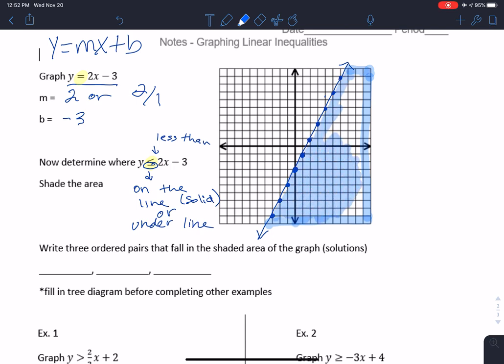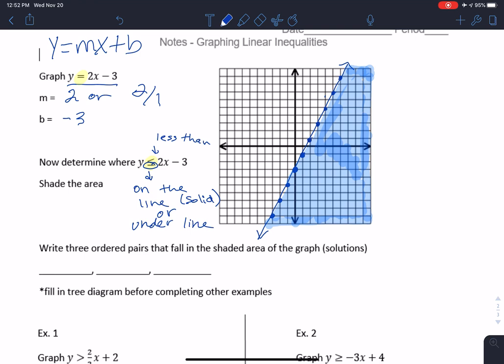So on a linear inequality, my solutions are all on the shaded area, or in this example, on the line, since my line is solid. So when we're asked for solutions for an inequality, we can pick any points that fall in the shaded area or on the line. So we're going to list 3 here that we can choose.